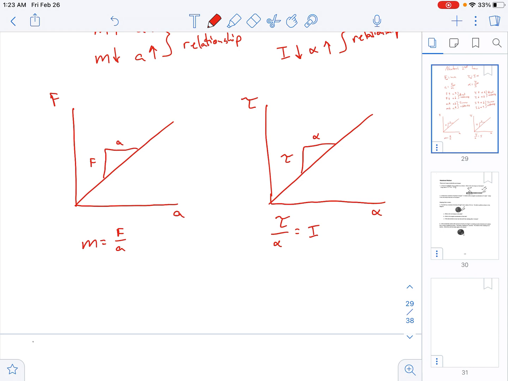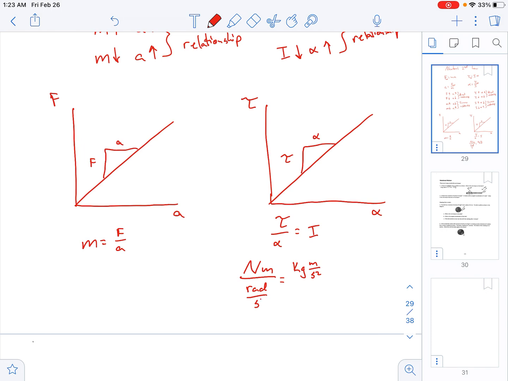What I want to do is take a moment to look at the units in this, right? Our torque is measured in Newton meters, and our alpha is measured in radians per second. But I also want you to remember that newtons are actually measured in kilogram meter per second squared.